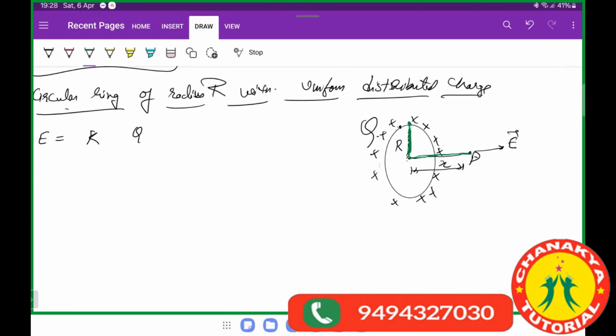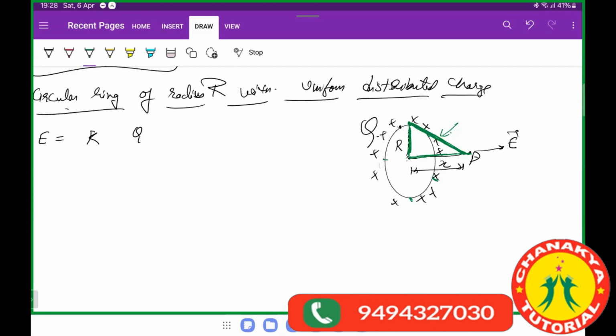So from any point, how do we find this length? In general, in maths, we use the Pythagoras theorem. Exactly.